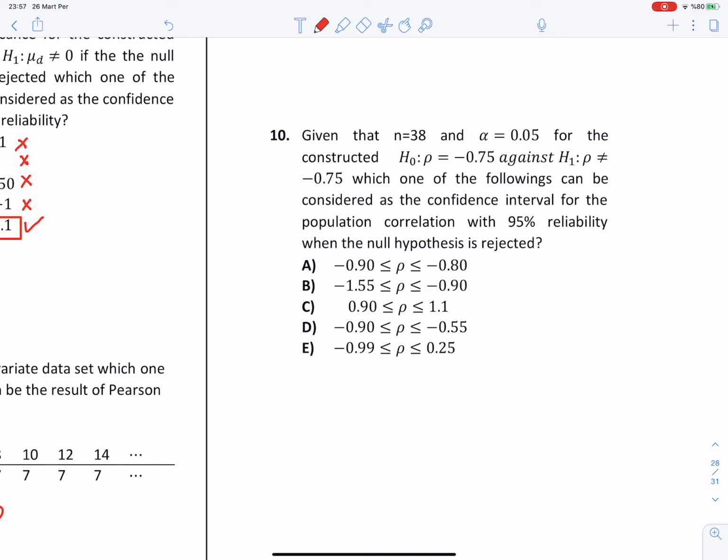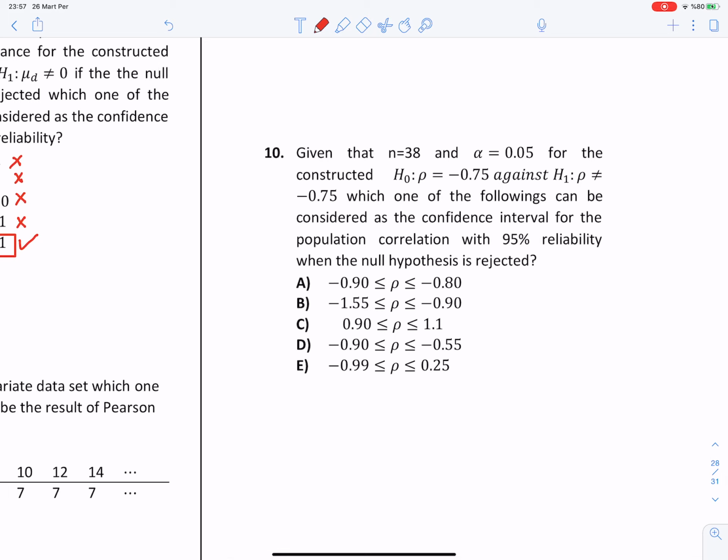Okay, if you're rejecting the null hypothesis, your confidence interval should not include minus 0.75. So there is no need for a calculation. All you need to look for is that the correlation coefficient minus 0.75 is outside the range of the confidence interval. In option A, minus 0.90 is less, so minus 0.75 is not included.